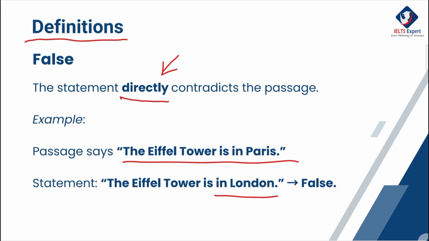So the statement directly contradicts the passage, and you're going to decide false, right? The statement doesn't match the information in the passage. So if the statement directly contradicts the passage, then you're going to decide false, right?